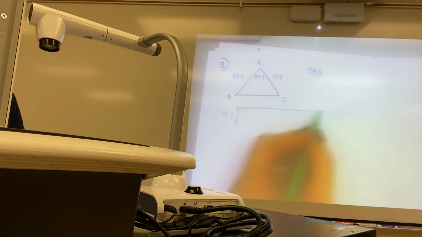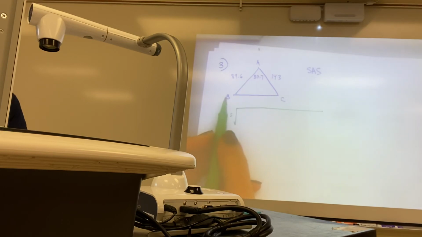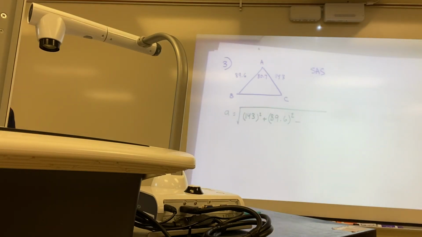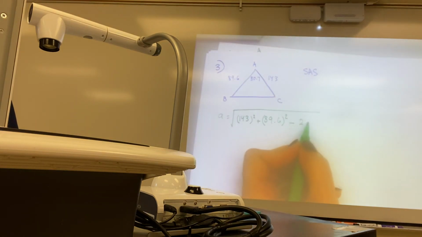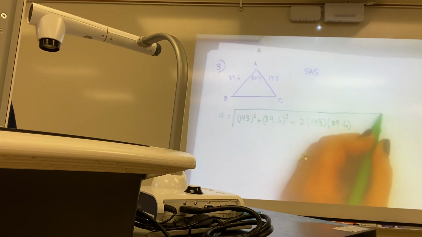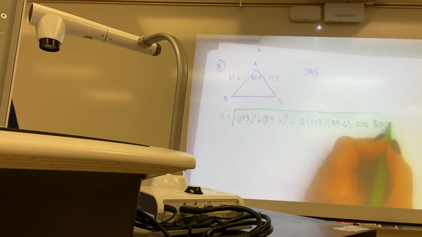We'll say A equals, remember we apply the law of cosines, and that will be the square root of b squared, which is 143 squared, plus c squared, that's 89.6 squared, minus 2bc cosine A, 2 times b times c cosine A, and A is 80.7.